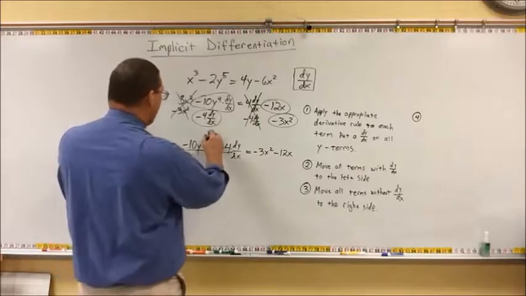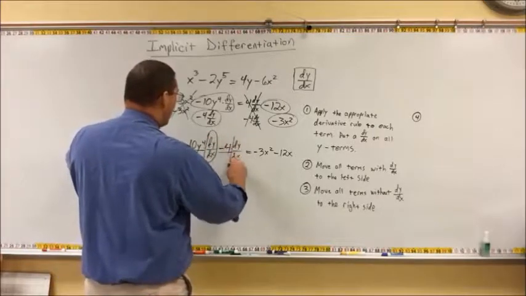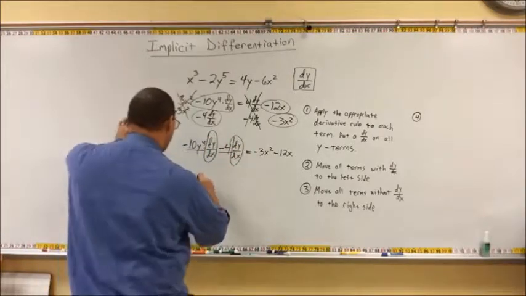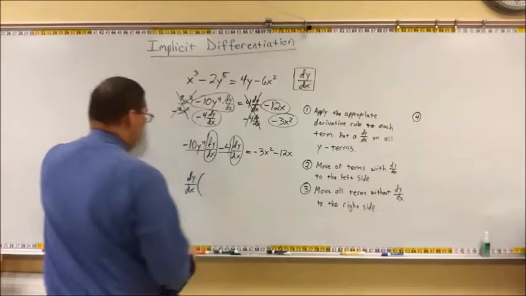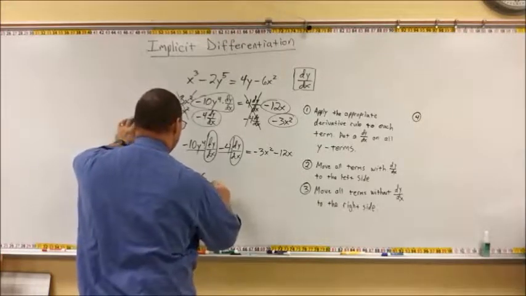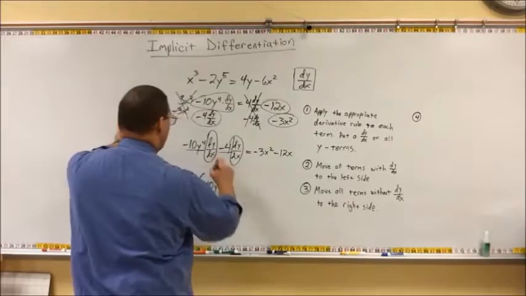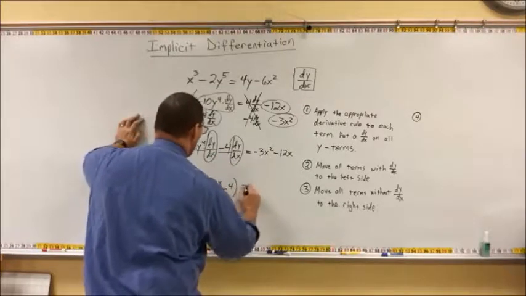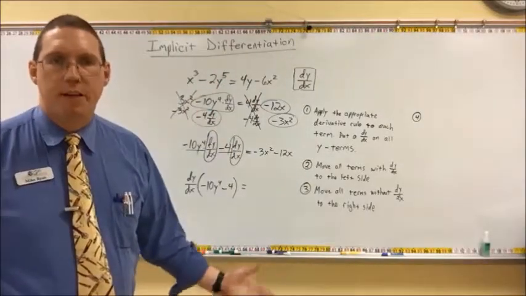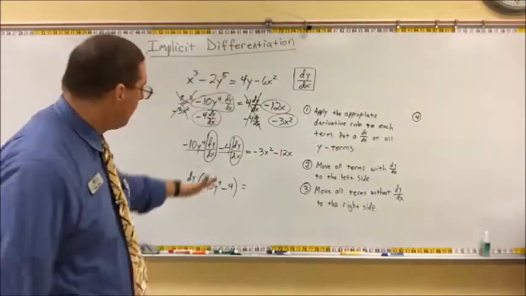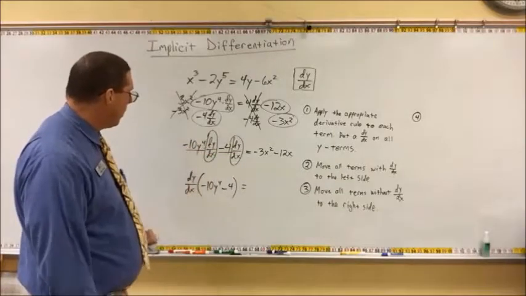So we're going to factor out the dy/dx. And what we're going to have is dy/dx times negative 10y to the 4th minus 4. We have undistributed. That's what factoring is. It's undistributing. We have undistributed dy/dx.